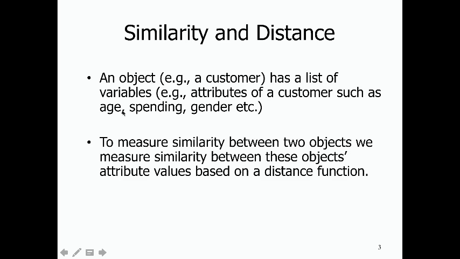For example, age, spending, gender, income, and so on. When we want to compare the similarity between two objects or two customers, a quantitative approach is to use the values of these attributes to calculate distance functions.